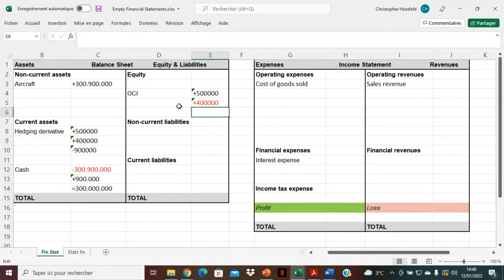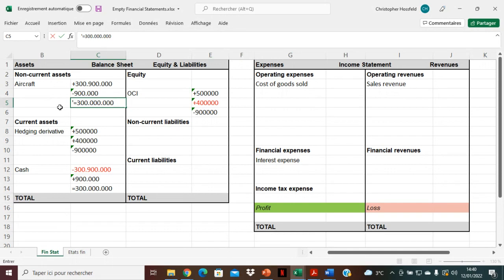Therefore I will recycle the profit of 900,000. And how will I do this? I will deduct it from the book value of my asset. That means the final book value of my asset is also only 300 million, and I will depreciate only 300 million as an aircraft value, not 300.9 million.